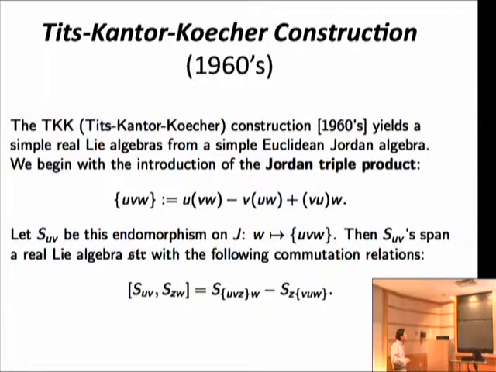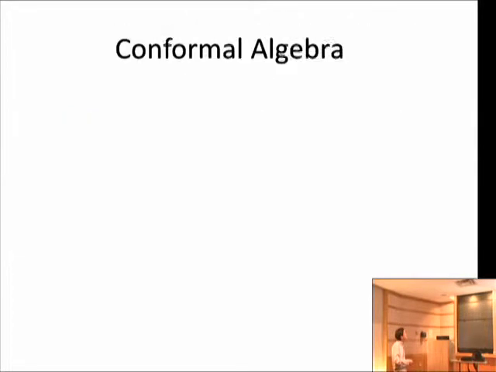And here's the UV, because this S_UV, if we take the adjoint, will become S_VU. But then we have to put a negative sign here, to get this co-adjoint operation. Okay, so Z behaves like a vector, W behaves like a covector.